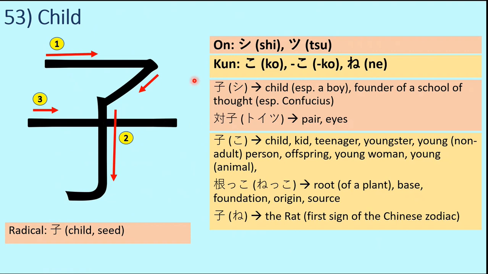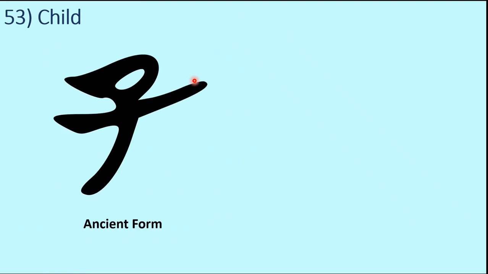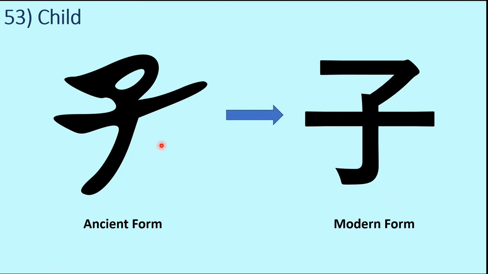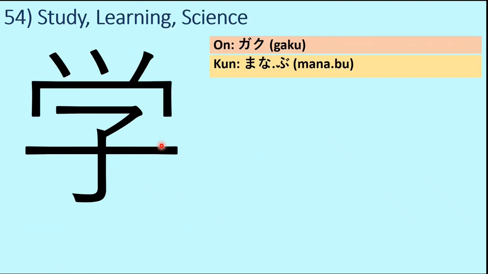So in three strokes, this child radical ko will be written. This is the ancient form. So as you can see, it represents a child, and this is the modern form. So it is very clear how the modern version of child has been derived from this ancient script.